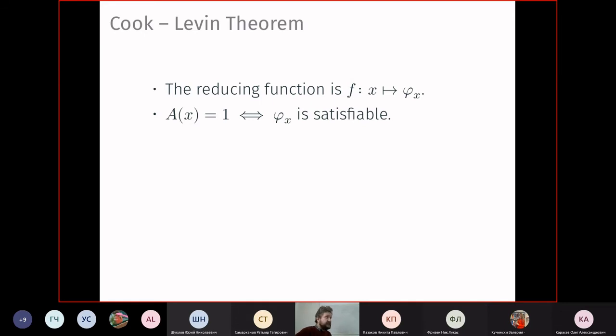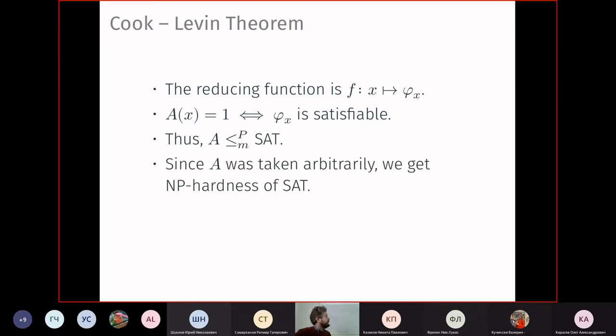And the existence of such a trajectory is the same as the existence of a successful protocol of the run of the machine on X, right? And the existence of such a protocol is the satisfiability, the satisfying assignment of phi x. And this yields the claim. And since A was taken arbitrarily, we get NP-hardness of SAT.